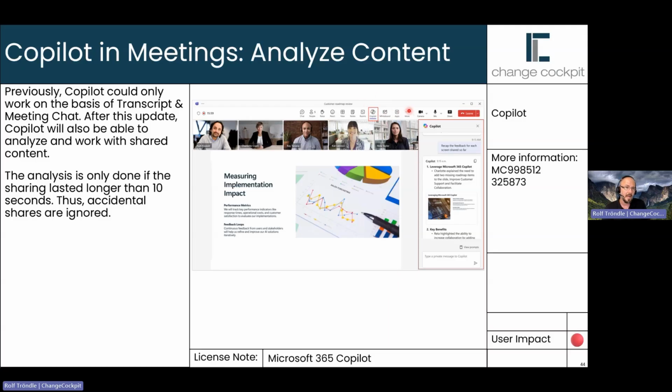When you start Copilot, the Copilot pane opens, and you can ask Copilot about things which are in the transcript, but also about meeting chats. And now the third source is analyzing the content which was or is being shared. So if you're coming late into a meeting, let's say 15 minutes late, and some slides were already shown, then you could ask Copilot, please summarize the slides until now, and you will get the summarization. So that's quite a big new feature.